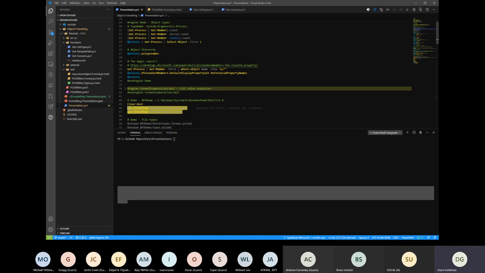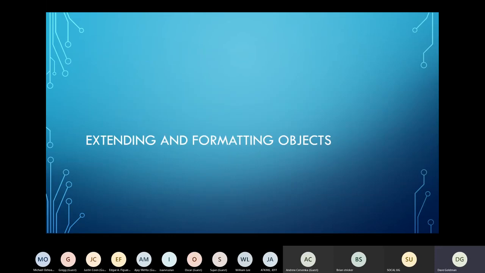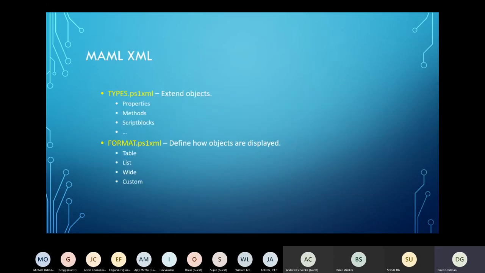Now in the system, there are two types of files, and the files that actually generate these are the types.ps1xml. These allow you to extend your object. So when you talk about a PowerShell object, it can be anything that you want it to be. You can add to it, you can remove from it, you can add properties, methods, whatever you want that object to do.